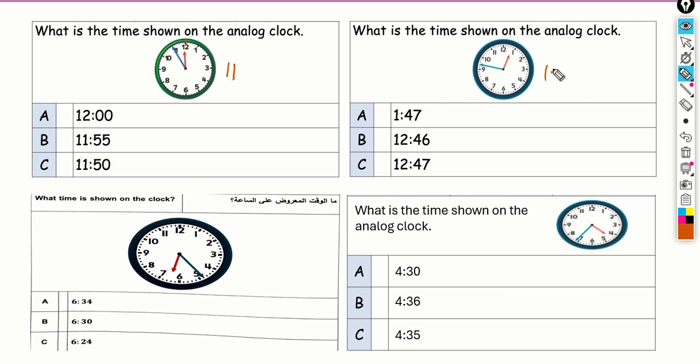So this is 12. Here, if you see, this is below 7, so you will take 6. Now here this is below 5, so you will take 4. That's for the red one, the small clock.